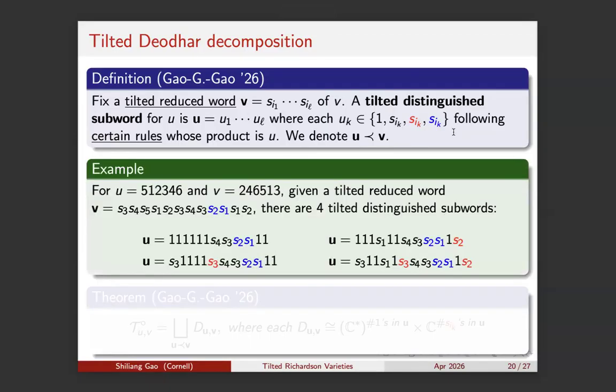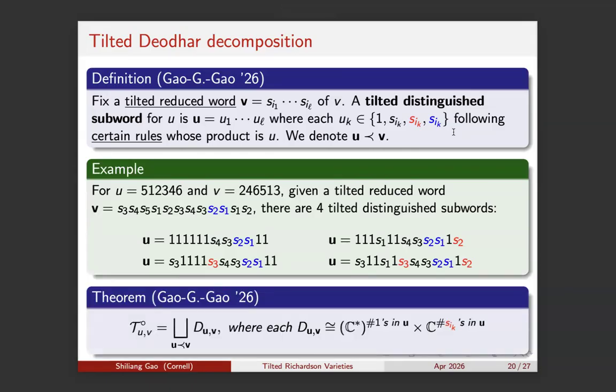As an example, for v the permutation 246513, we have this tilted reduced word, whatever that means. And there are four tilted distinguished subwords for the permutation u equals 512346.